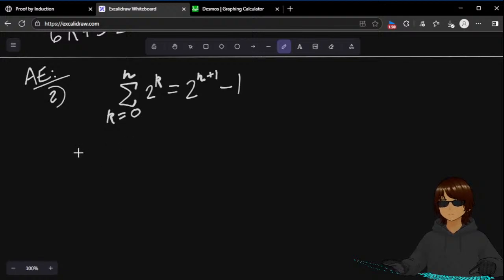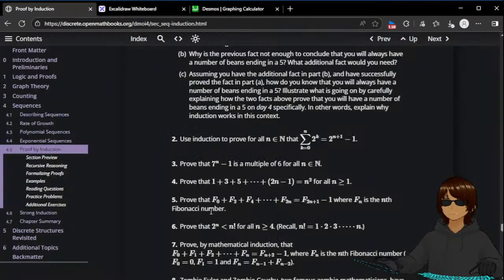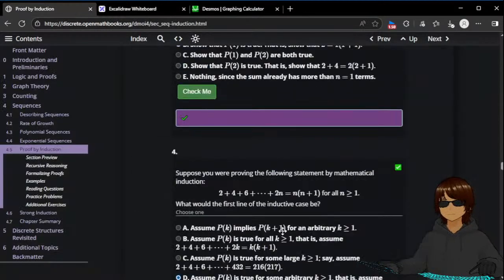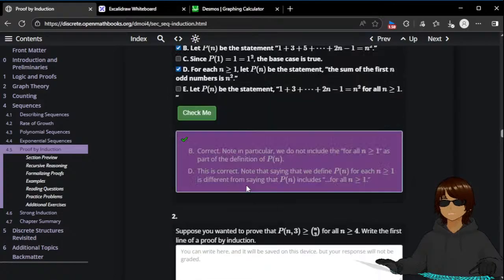So 2 to the power of 0 is 1. Pk is the entire statement, right? P is a proposition.